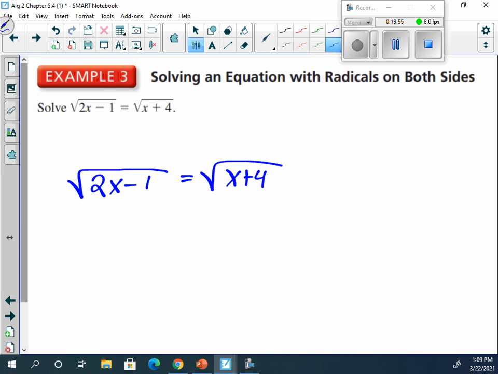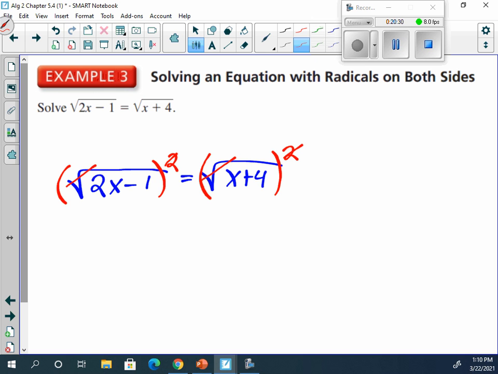So we look at this here, well, we have a square root and a square root, yes? So if I wanted to get one of these radicals to simplify, well, for the one on the left, I can put it to the second power, and the one on the right. I could square both sides. Now, if we square both sides, the radical and the square would cancel. The one on the right, the radical and the square would cancel.